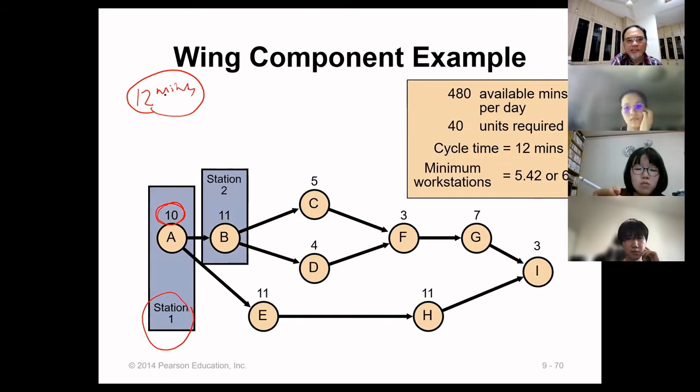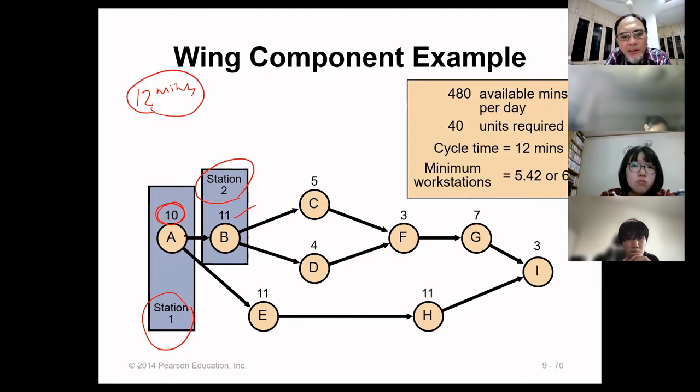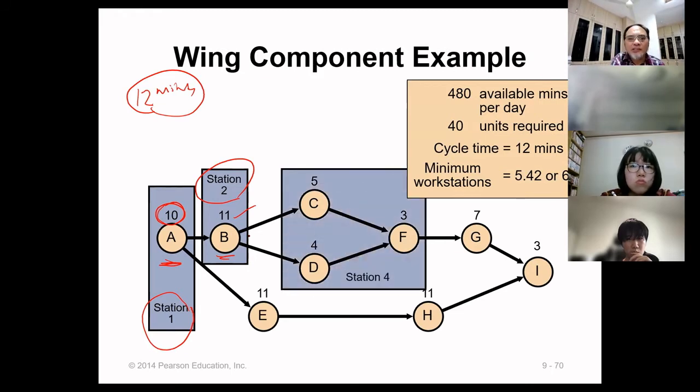Then I can assign station 2 for my B task, which is 11. So you move forward. It becomes a sequence, because you cannot put B first. You should put A first because A is completed, then only B can be done. So you complete this. But of course you cannot combine D and E, cannot.